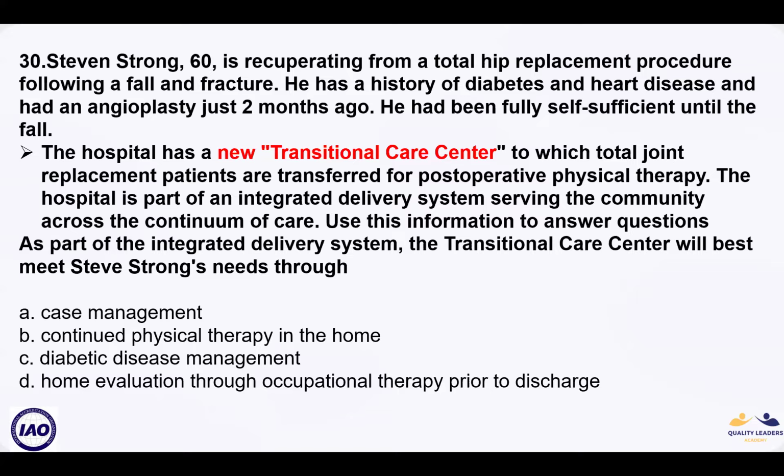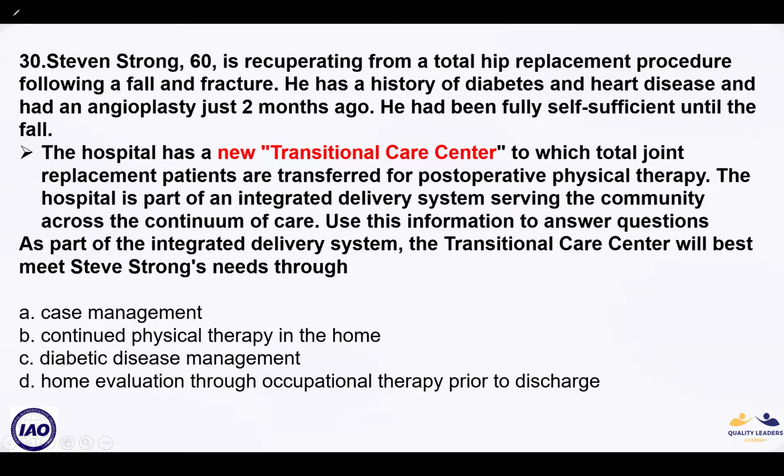With all his conditions, you remember, this is a complex health profile of the patient. How will transitional care meet his need? He has hip replacement, he's diabetic, he has had recent angioplasty. What is one best approach to coordinate everything he has?